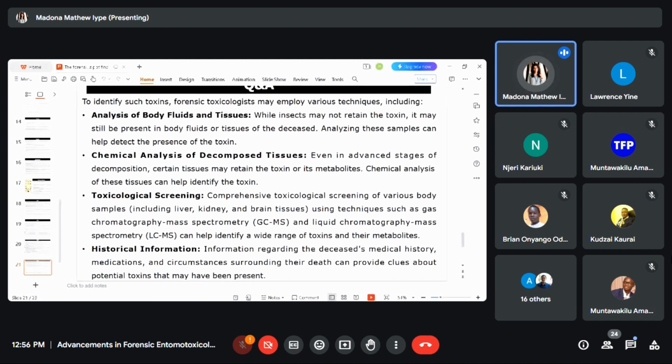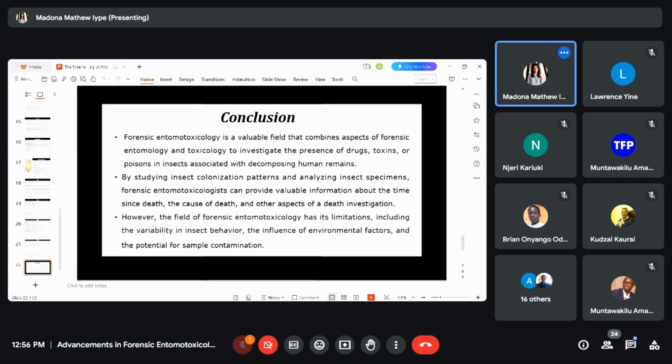Then historical information, the information regarding the disease, the medical history, any pills or medicines the person has been taking, or any drug history before death and after death, or the circumstances and incidents surrounding the death can also provide clues regarding the potential toxins that may have been present.